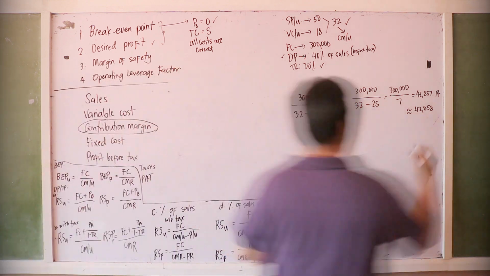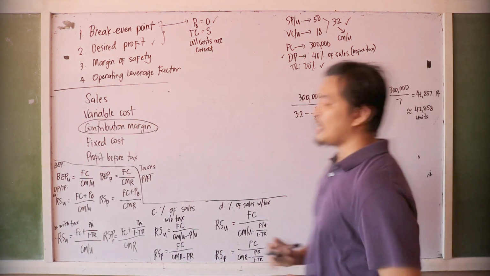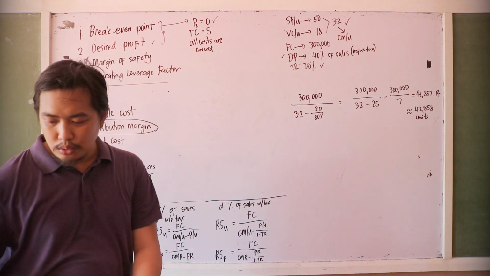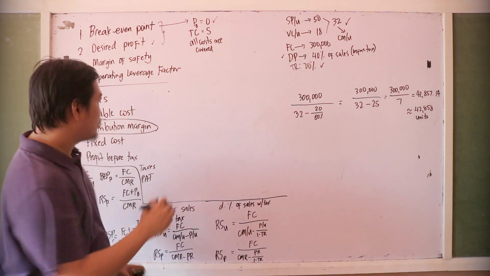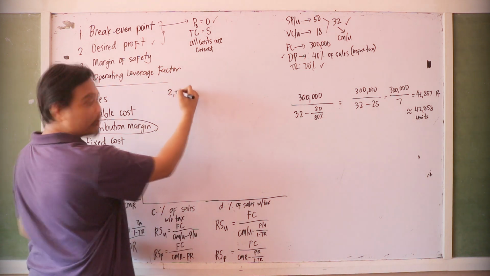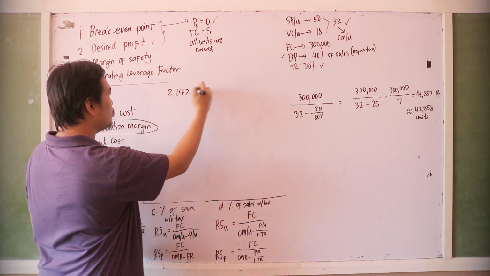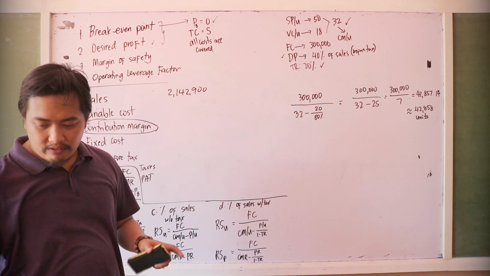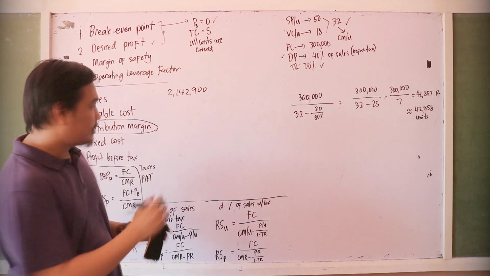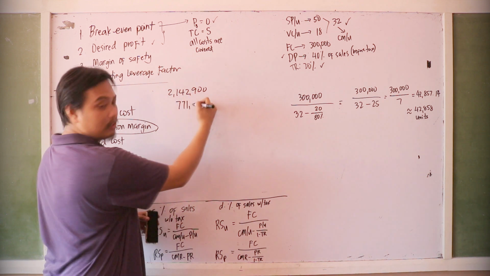By the way, ito ay units ito. Check natin. 42,858 times 50. So meron tayong 2,142,900. I-multiply natin yung number of units natin ng 42,858 times 18, 771,444.